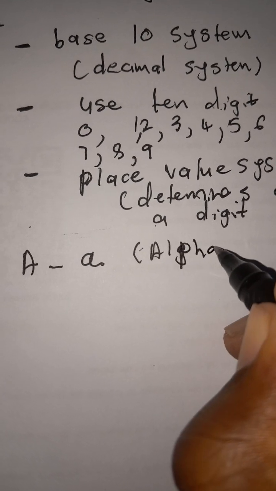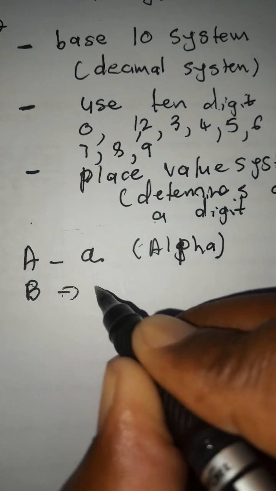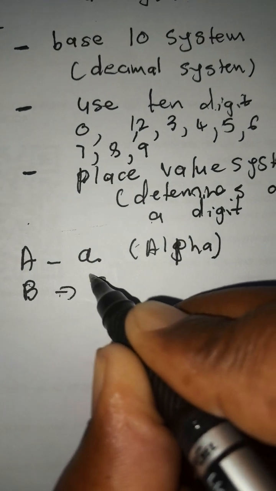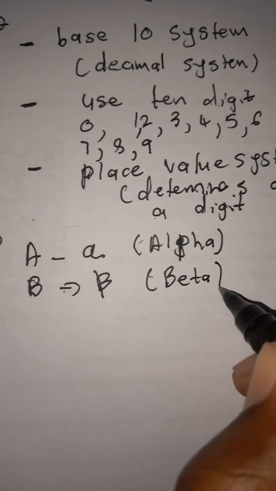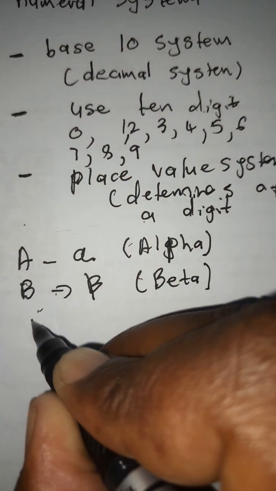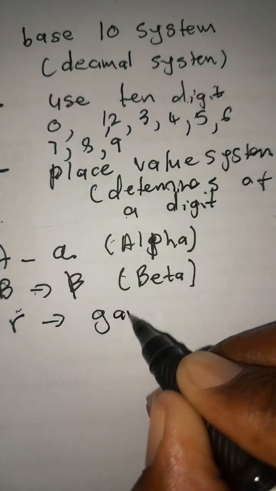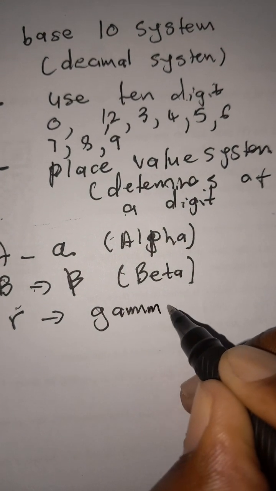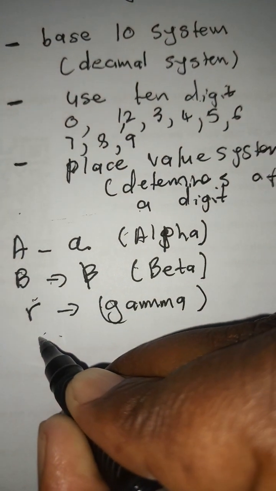Alpha. And the second one will be beta. Beta, their name, right? The third one, which is gamma. We call it gamma. Then the fourth one is delta.